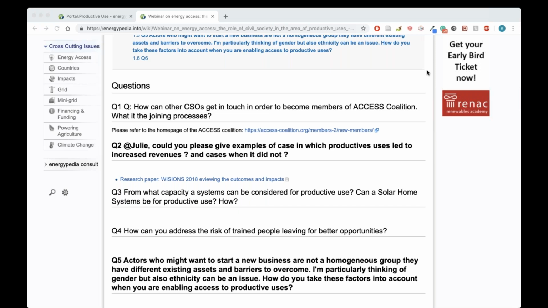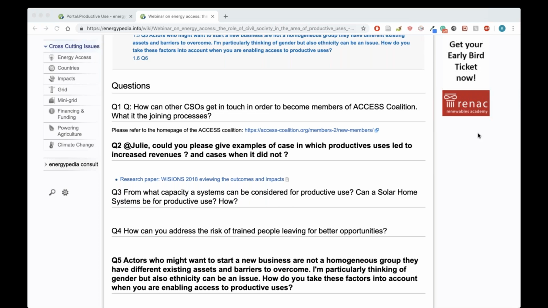One example where productive use, an improvement of an existing productive activity, led to increased revenues was a case study in Pakistan, where they replaced diesel fuel generators by biogas for milk chilling. They had substantial savings in terms of energy for this task, and they could increase their revenues from the milk selling.